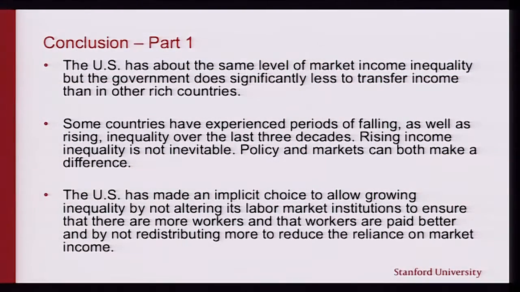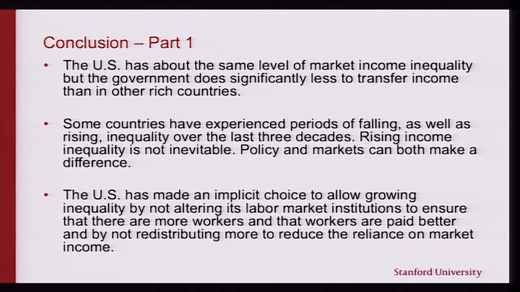So a few conclusions, and there's going to be a bonus slide next, but let me hit these first conclusions here. The US has about the same level of market income inequality as these other rich countries, but when we restrict it to disposable income, when we have explicit government involvement, the US has more inequality. So the US does significantly less to transfer income than these other rich countries.